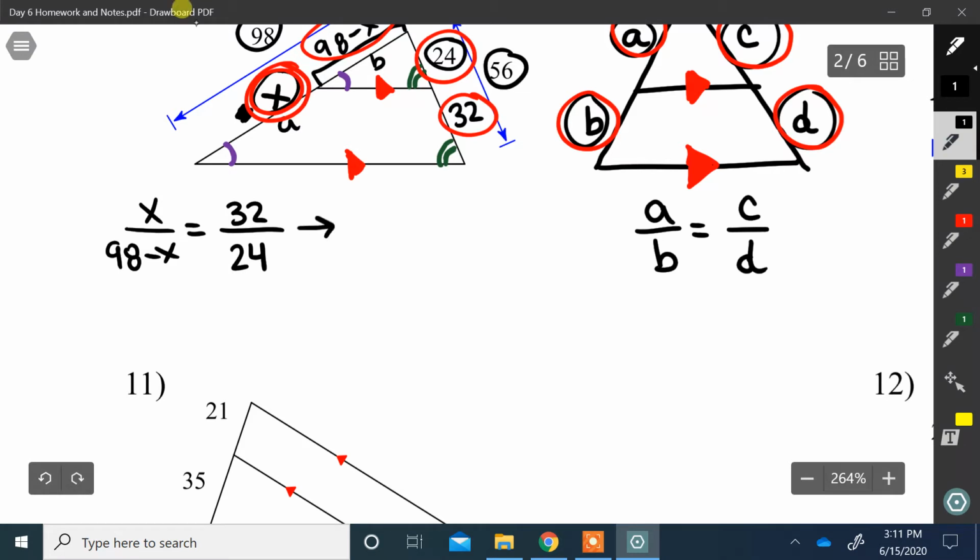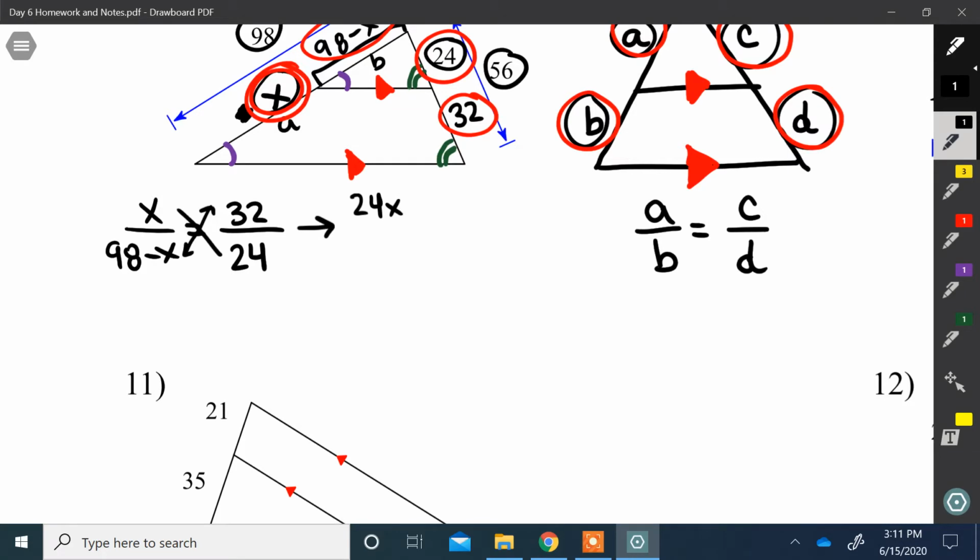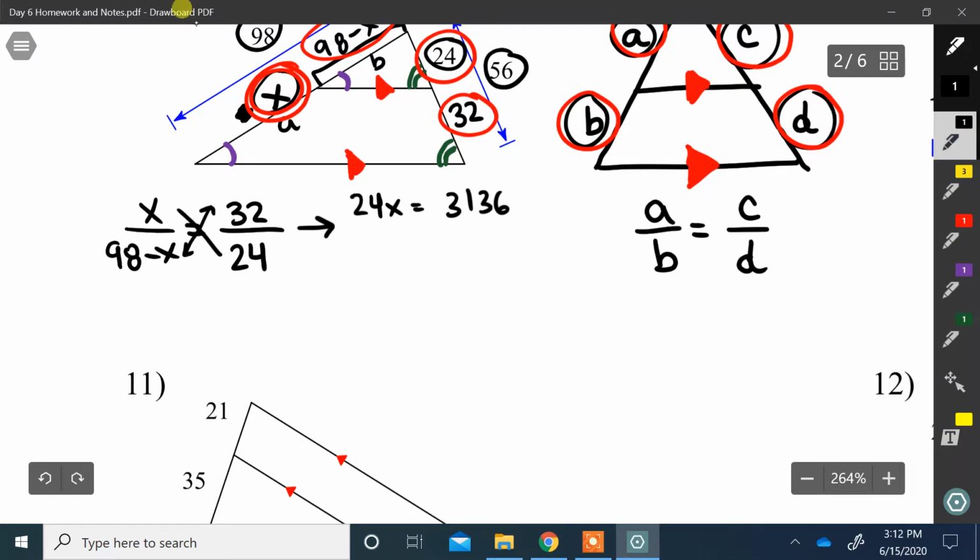So when I cross multiply, here's what I'm going to get: 24x equals, well, 32 times 98 is going to give you 3,136 minus 32x.